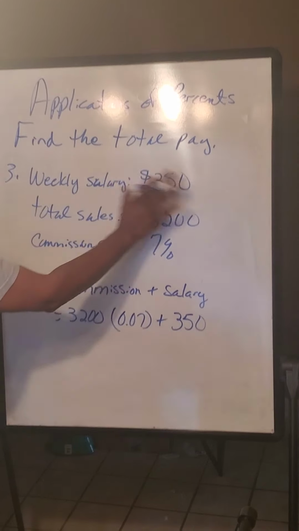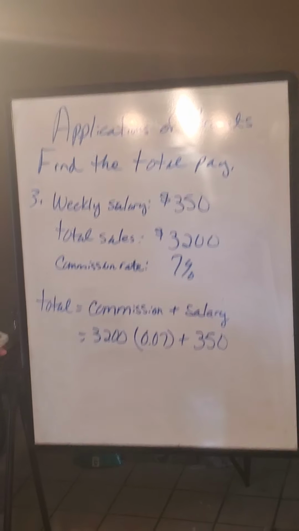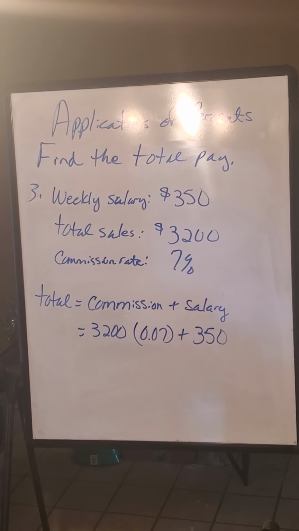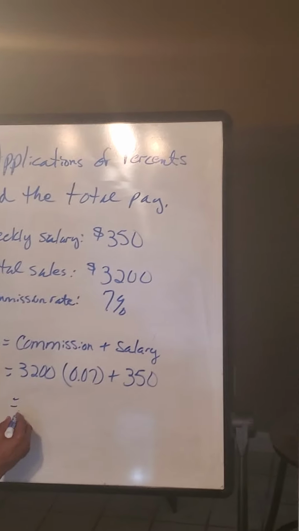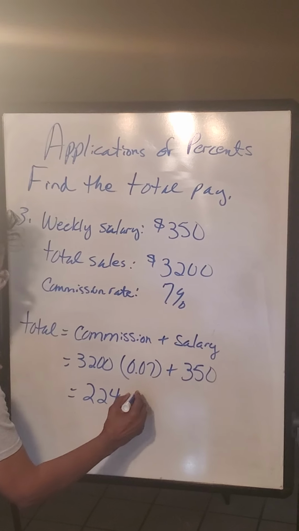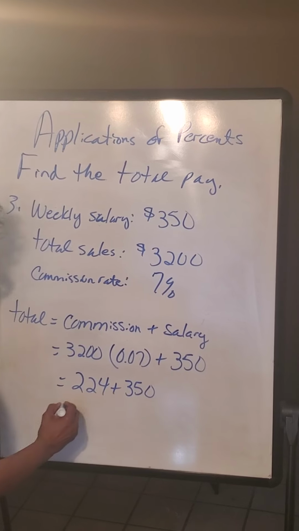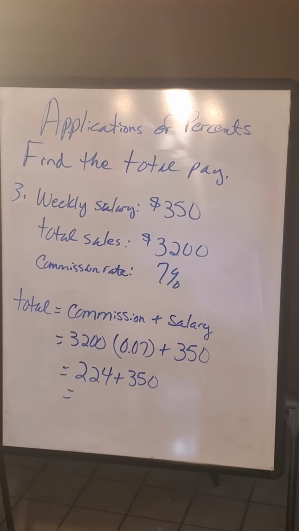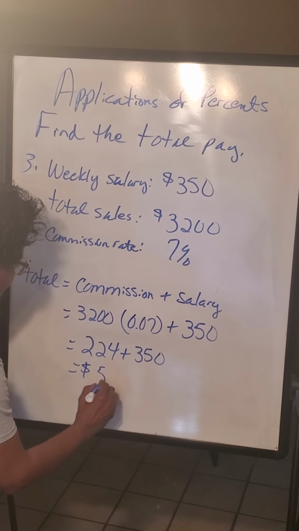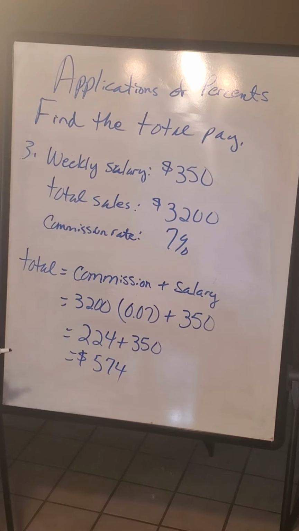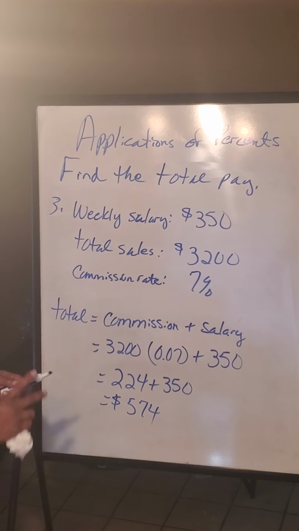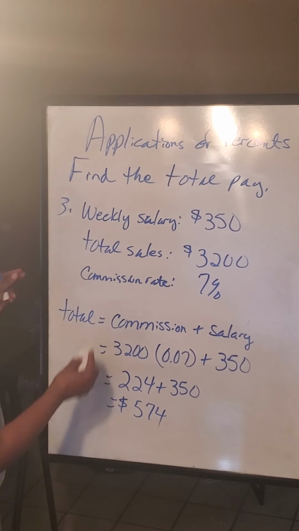So if they don't make any sales at all, they're going to get that $350. So their commission is $224, and they're going to add that to their salary of $350. So that means that their income for that week would be a total of $574. These are everyday life situations. We're going to do another problem right quick.